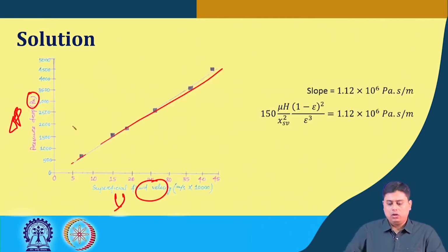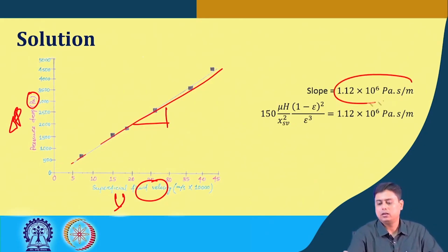Again, this graph is not to scale. If you draw it with accuracy, you would find that the slope is this value, which is nothing but the parameter that we have shown earlier.